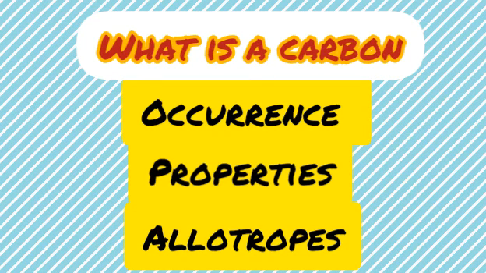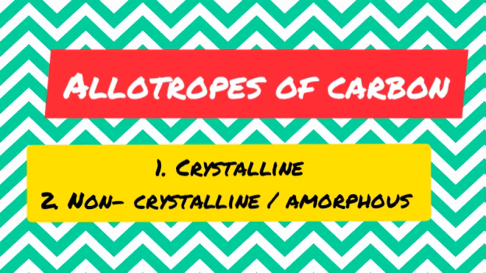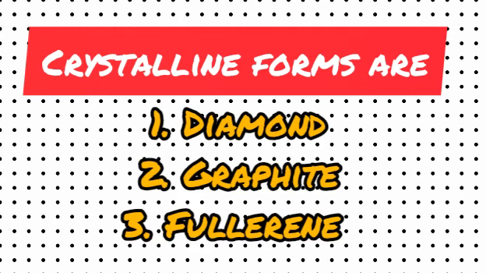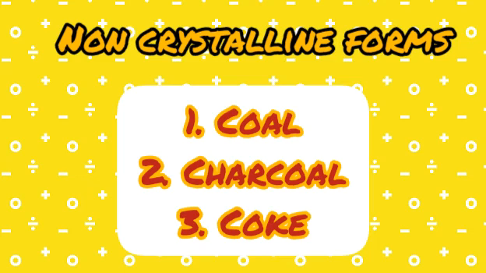So in today's video, we have learned about what is a carbon, its occurrence, properties and allotropes of carbon. The allotropes of carbon are crystalline or non-crystalline or amorphous. The crystalline forms of carbon are diamond, graphite and fullerene. The non-crystalline forms of carbon are coal, charcoal and coke.